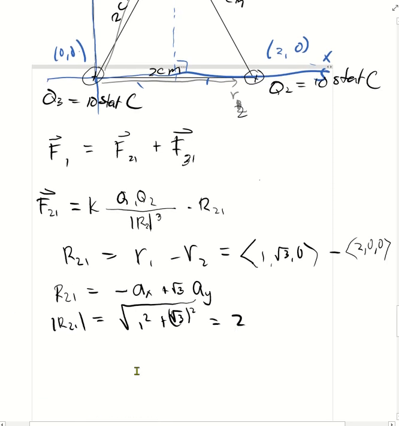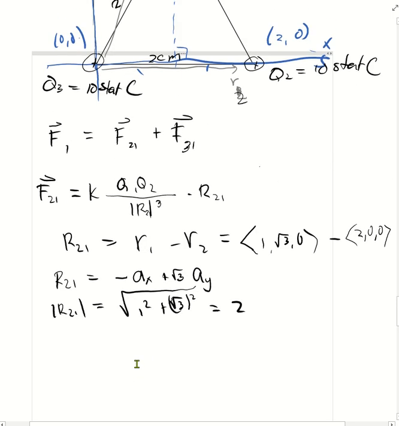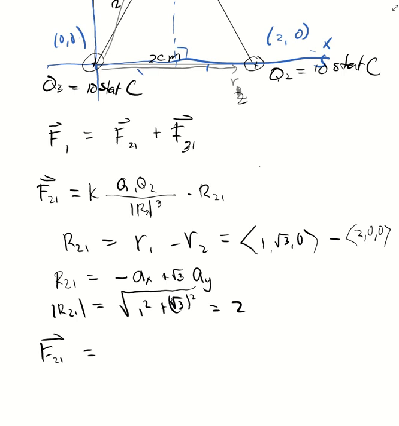Then you can now solve for F21. What should be the value of K here? Our value for K should be equal to 1 because we are in the CGS system. Our charge is in Coulomb and our distance is in centimeter, so we can use the CGS system.